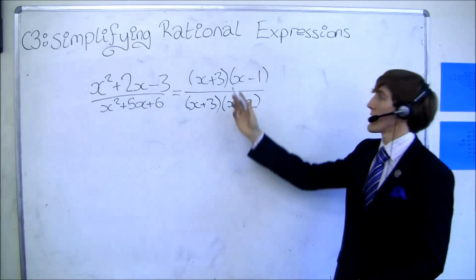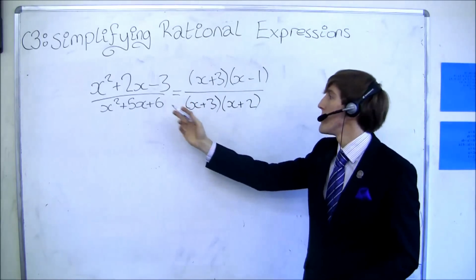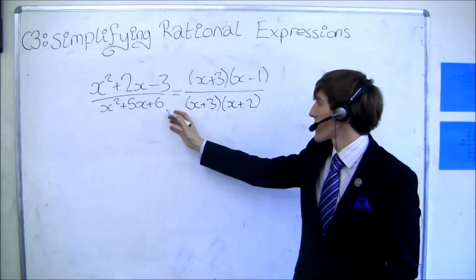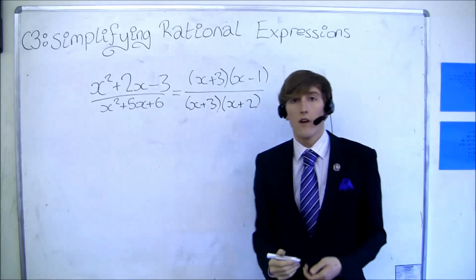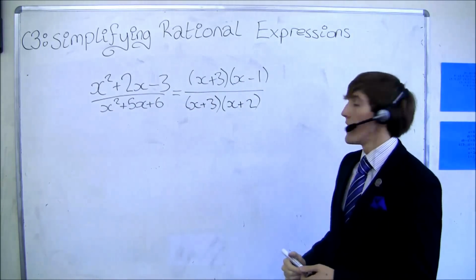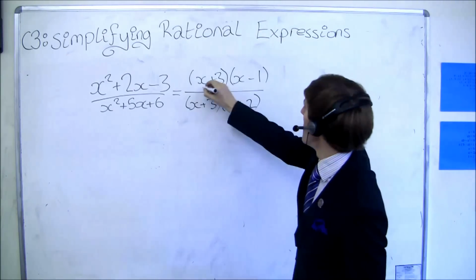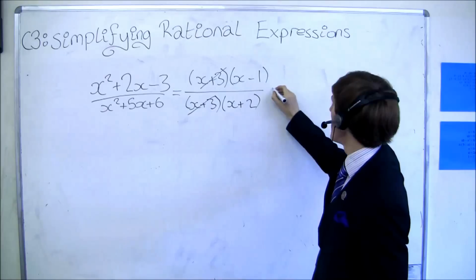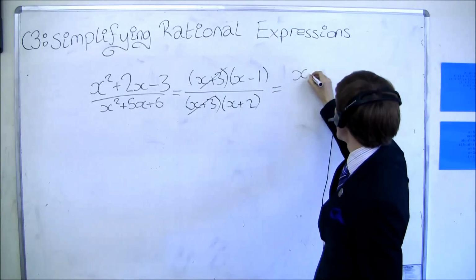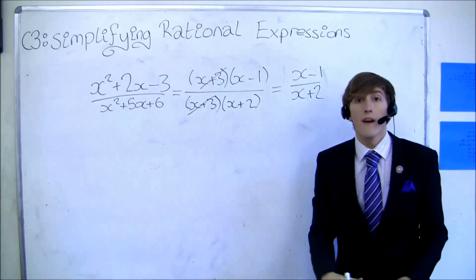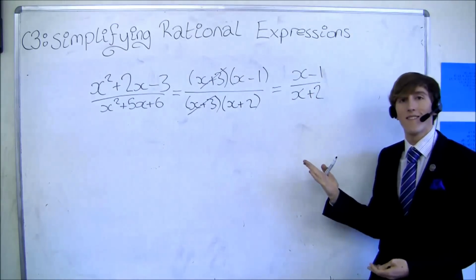And we can check this because 3 times minus 1 is minus 3, 3 minus 1 is 2, 3 times 2 is 6, and 3 plus 2 is 5. So we know this bit's correct. And now all we have to do is divide top and bottom by x plus 3. So that goes away, and we're left with x minus 1 all over x plus 2. And that would be our final answer.